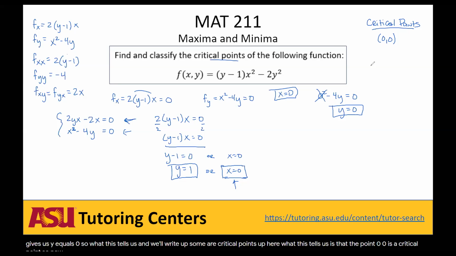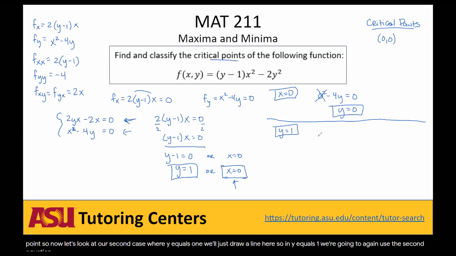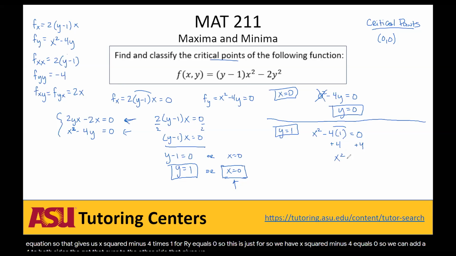So now let's look at our second case where y equals 1. We'll just draw a line here. In y equals 1, we're going to again use the second equation. That gives us x squared minus 4 times 1 for our y equals 0. So this is just 4. So we have x squared minus 4 equals 0. We can add a 4 to both sides, just to get that over to the other side. That gives us x squared equals 4.